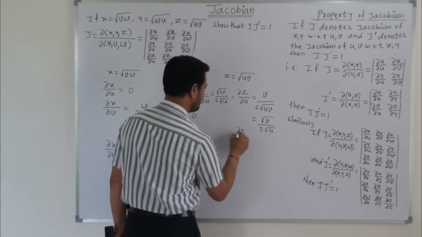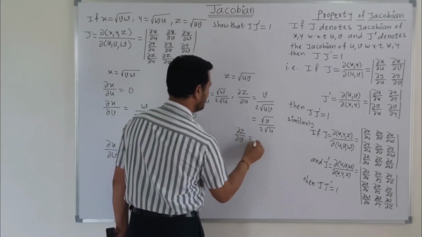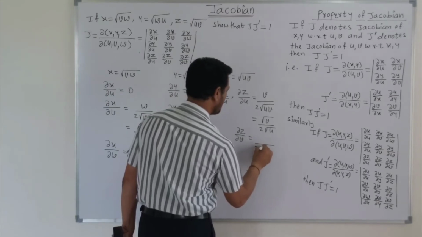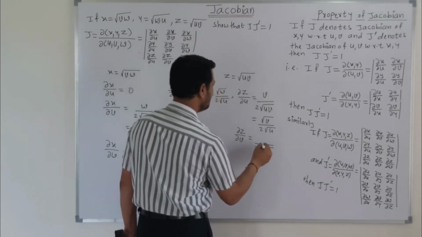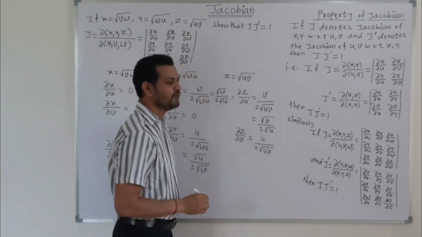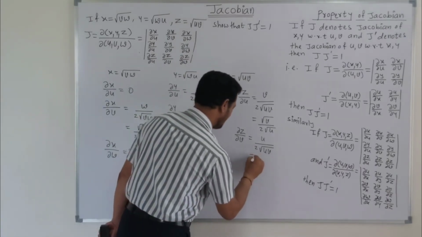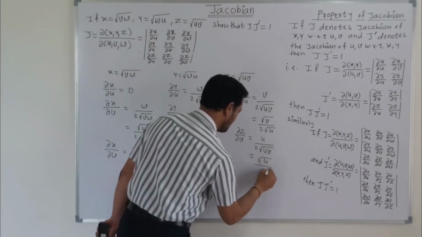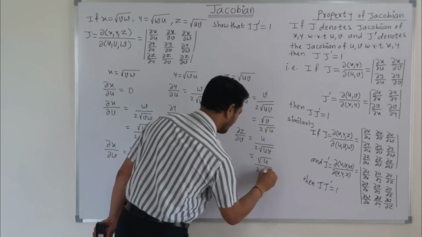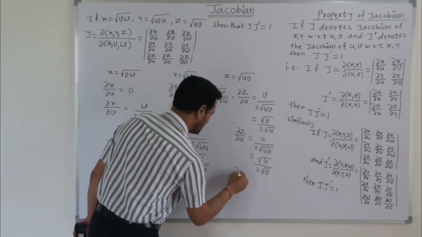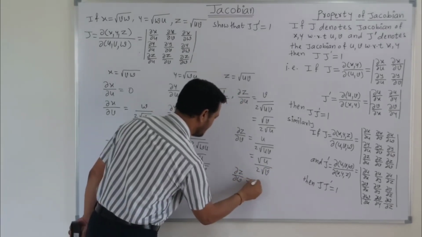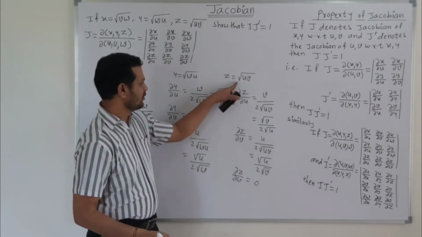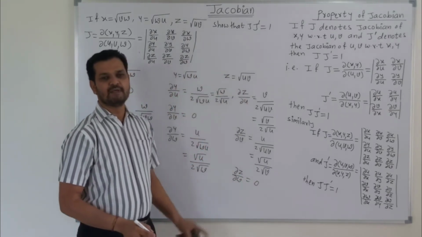Take the partial derivative of z with respect to v. This is 1 upon 2 root of uv, then this is u. Once again if we simplify this, we get root of u upon 2 root of v. Then take the partial derivative of z with respect to w. The derivative of z with respect to w is 0 because the w term is absent.